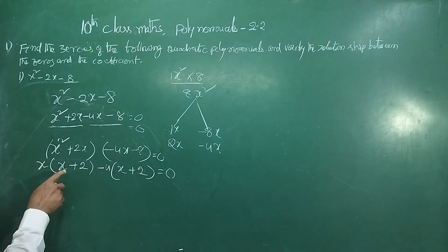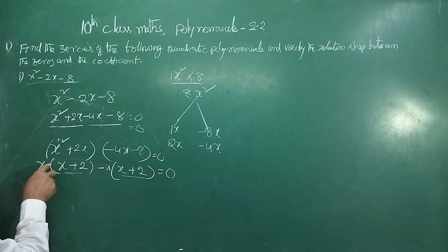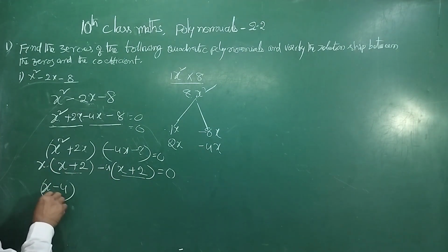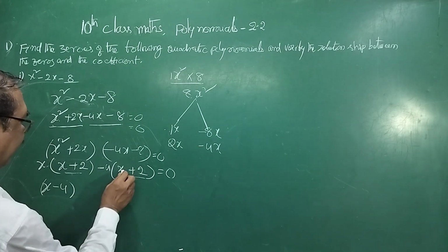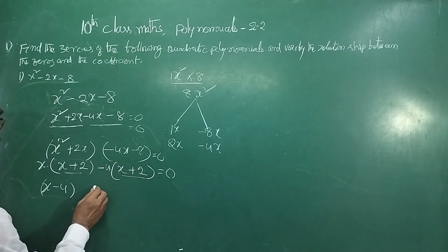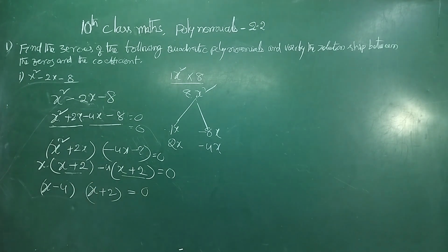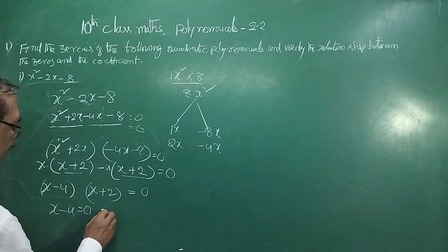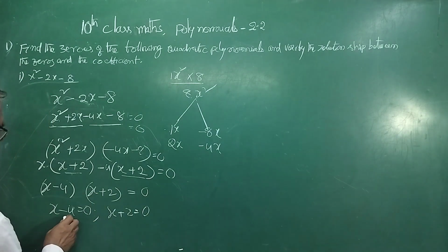Let us see, in these two brackets it is the same. So the remaining is x minus 4 in one, and x plus 2 is the other bracket, equal to 0. Let us separate it. X minus 4 is equal to 0. In the same way, x plus 2 is equal to 0.